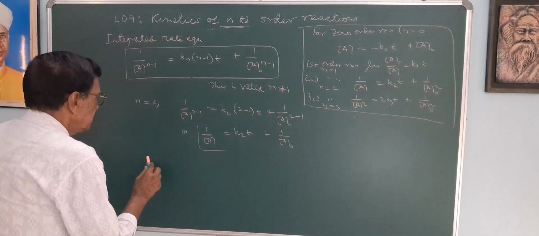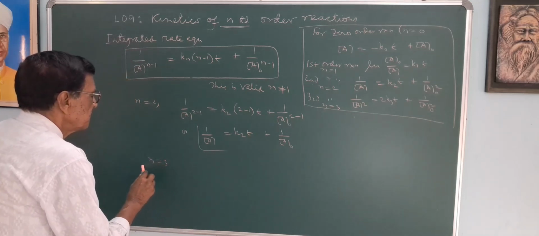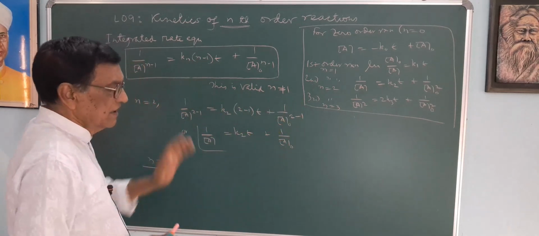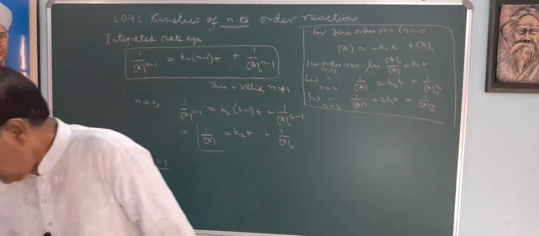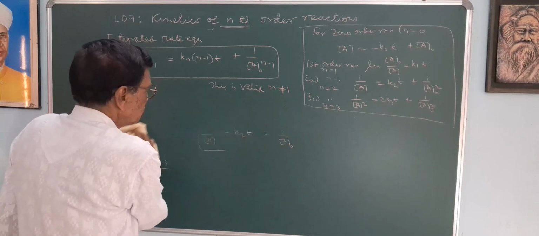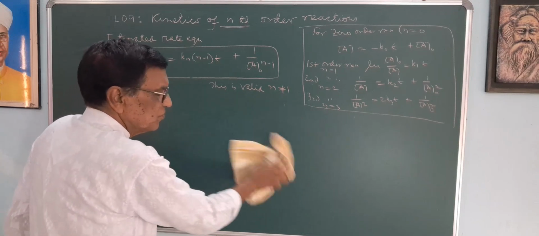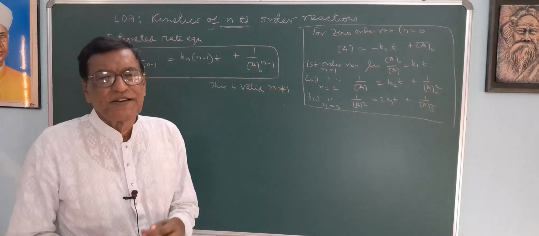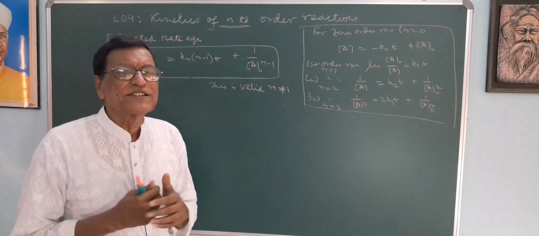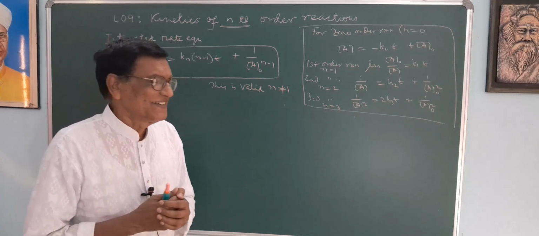Similarly for n equal to 3, you can also find this one. But whenever you like to put n equal to 1, it will create some problem, and you can solve the problem by using some mathematical tricks.